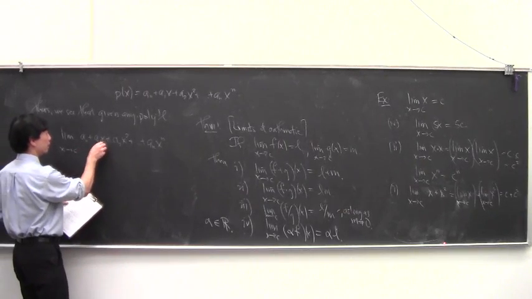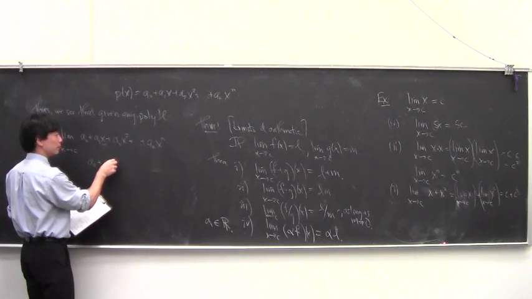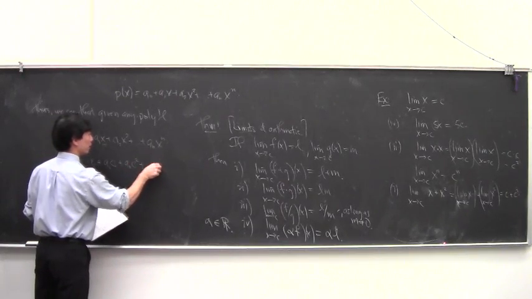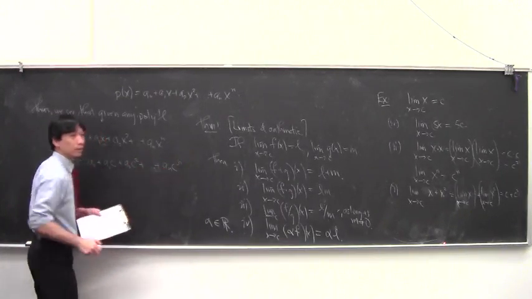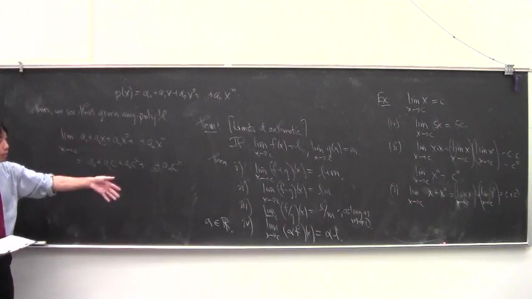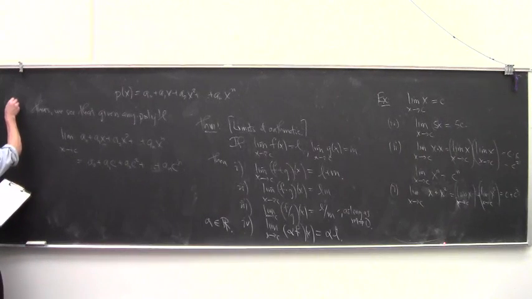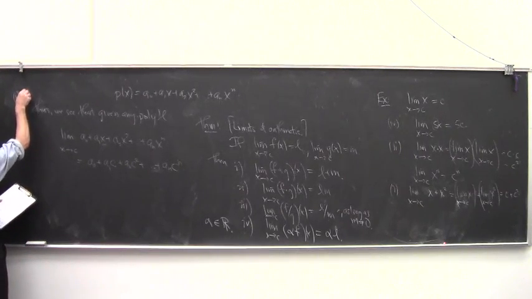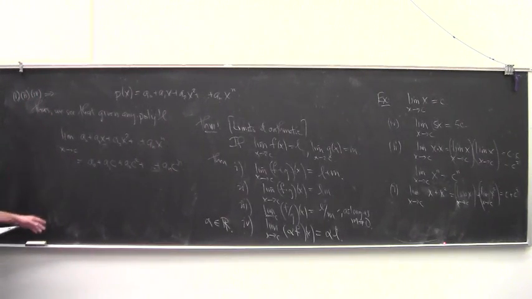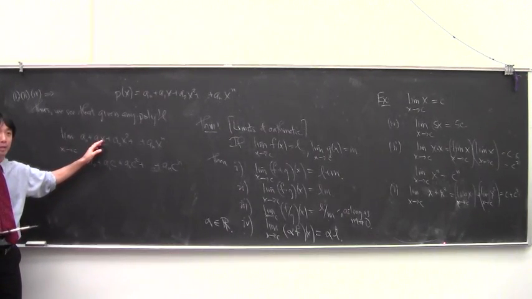It'll be a naught plus a1 c plus a2 c squared plus up to a n c to the n, using properties 1, 2, and 4 all together. This shows you that to find the limit of a polynomial, all you need to do is just plug in the value.